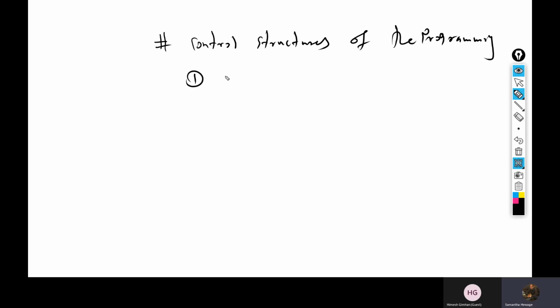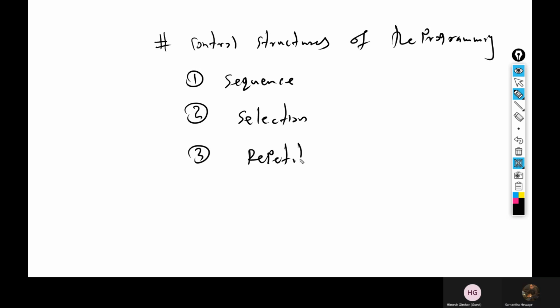First one is, I think you know these things, sequence. Second one is selection, third one is repetition. Sequence means one after the other. That is called sequence, right?